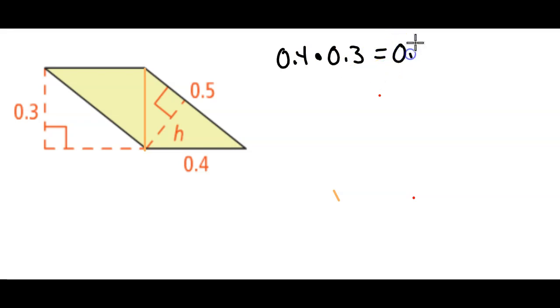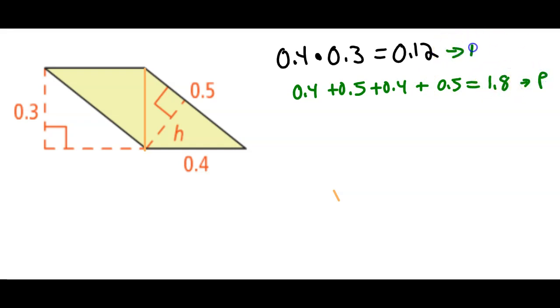So that's going to be 0.12, and whatever the units are squared. And then to find the perimeter, we're going to say 0.4 plus 0.5 plus 0.4 plus 0.5. It should be 1.8. So here's our perimeter, and there's our area.